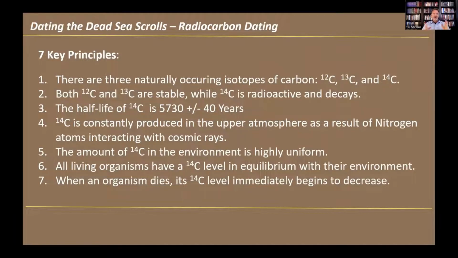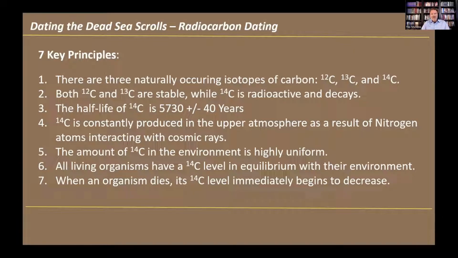And the first is that there are 3 naturally occurring isotopes of carbon: carbon-12, carbon-13, and carbon-14. Both carbon-12 and carbon-13 are stable, while carbon-14 is radioactive and decays. Because carbon-12 and 13 are stable elements, they exist in fixed quantities.